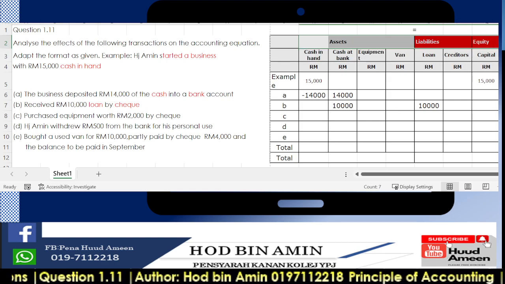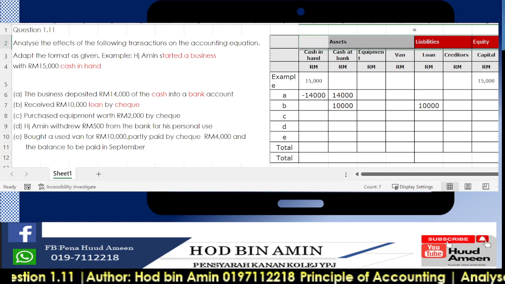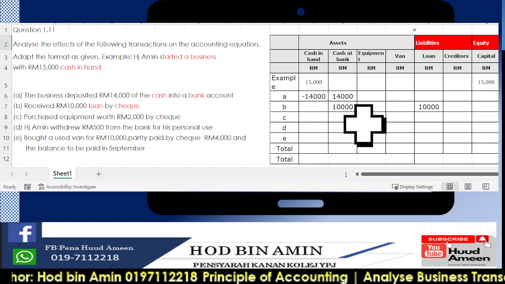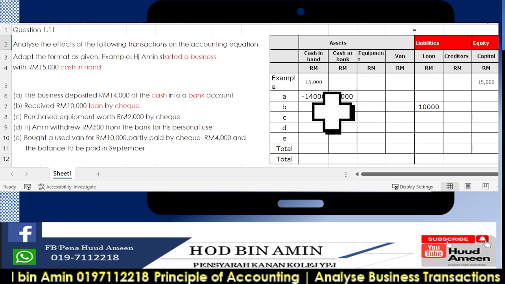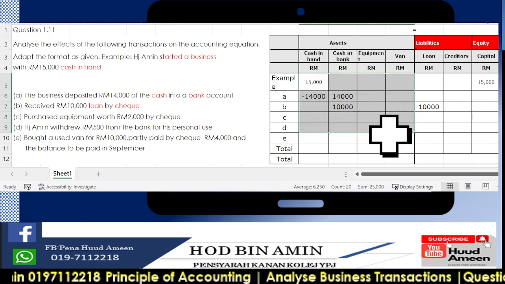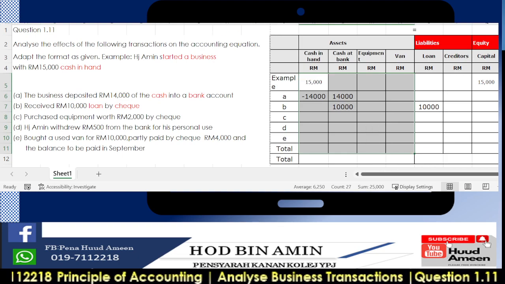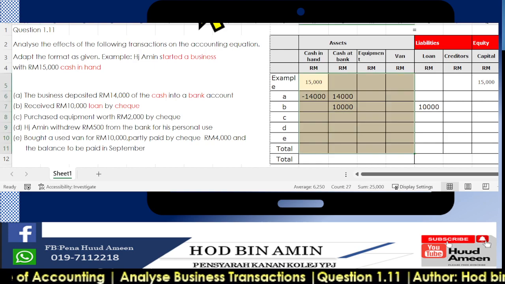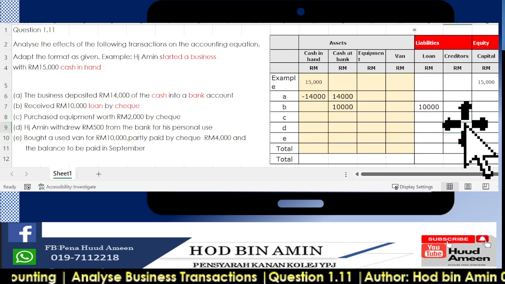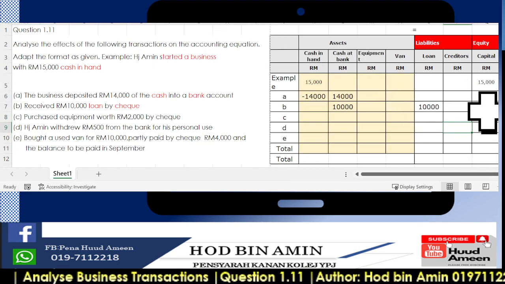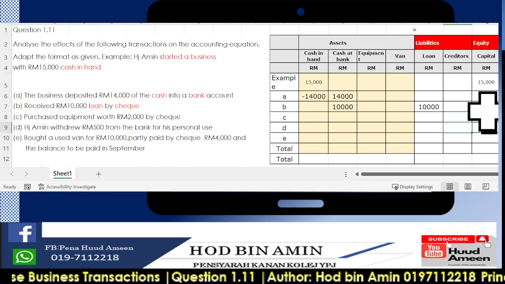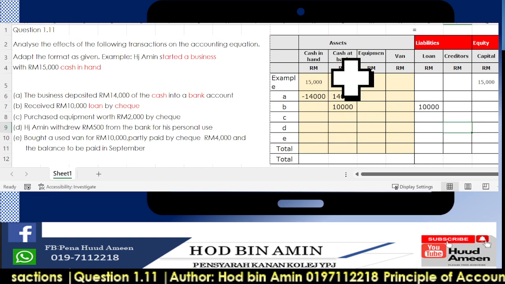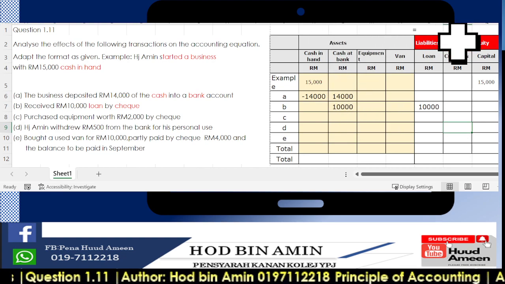Okay. You can see from here every time it is always equal on the debit side and credit side.